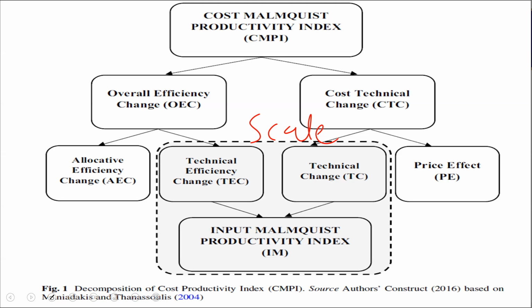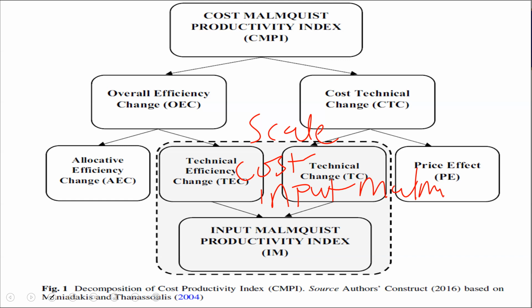I said, is it because it's Cost Malmquist that is why when productivity is greater than 1, it's regress, but when it is less than 1, it's progress? Because previously, it's not only because it's Cost Malmquist. It's also because we are dealing with input Malmquist. Both cost Malmquist and input Malmquist.